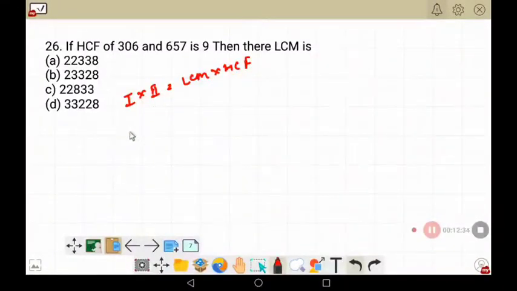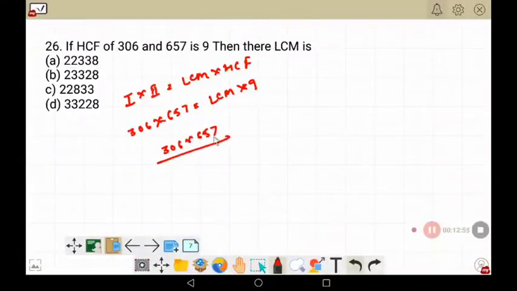First number, second number we already have. 306 into 657 equals LCM we need to find out, and HCF is given as 9. So bring this 9 here as a divisor, because it's a multiplication. So after transposing, 9 will become the divisor.